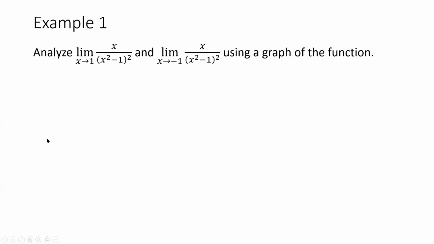So let me just demonstrate here with an example that we can try and think about. For instance, what happens here as x approaches 1 for x over x squared minus 1 squared? So what I want to do, if we want to analyze this, is to think about the numerator and denominator separately.